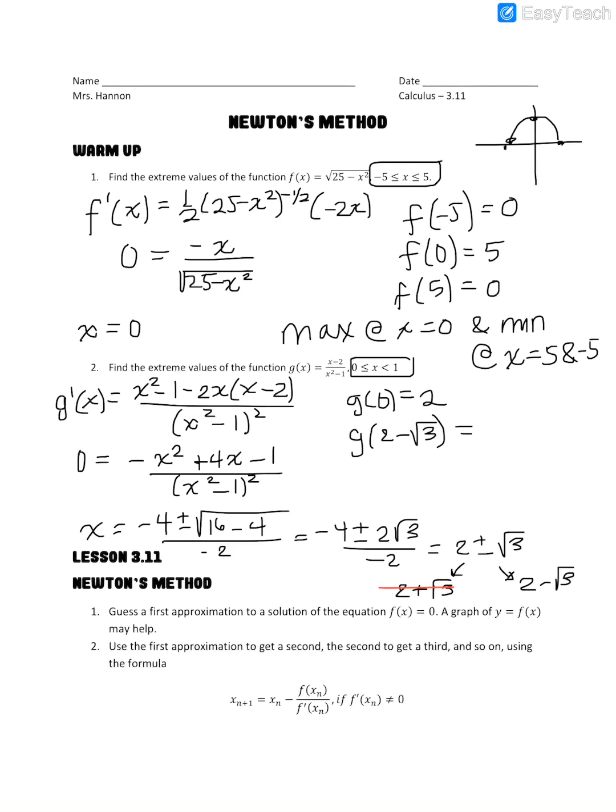G of 2 minus radical 3 is 1.866, and it keeps going. So it looks like my max is going to be at 0, and my min is going to be at 2 minus radical 3.